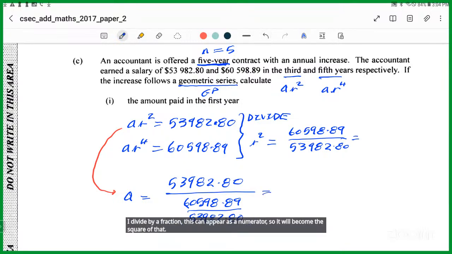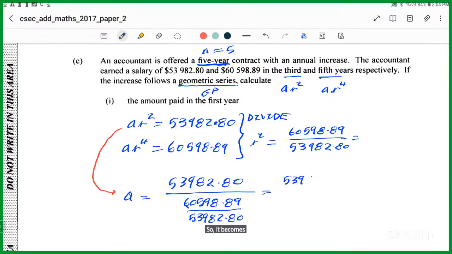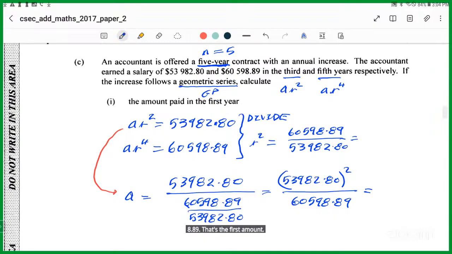So it becomes 53982.8 squared divided by this figure under here, which is 60598.89. Roll that out on the calculator, and that's the first amount paid.